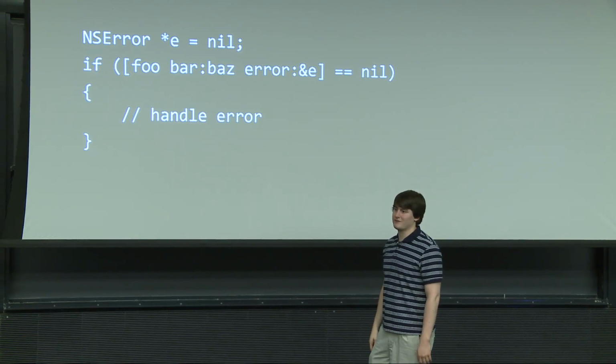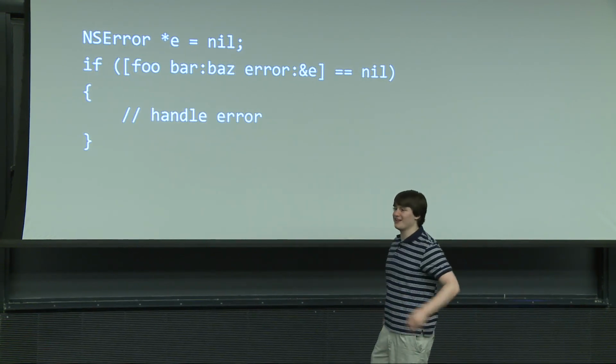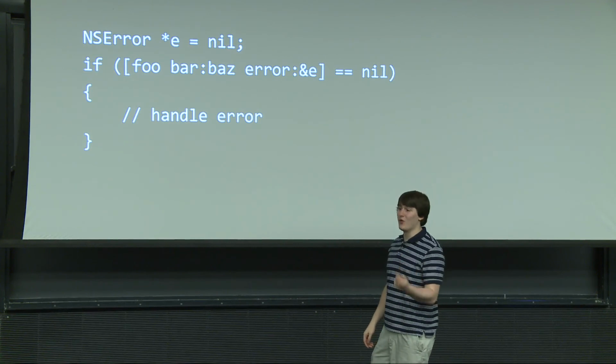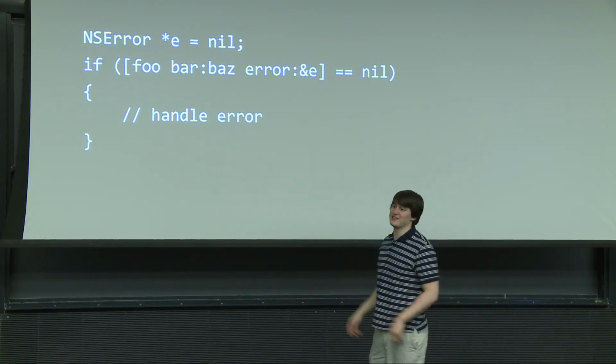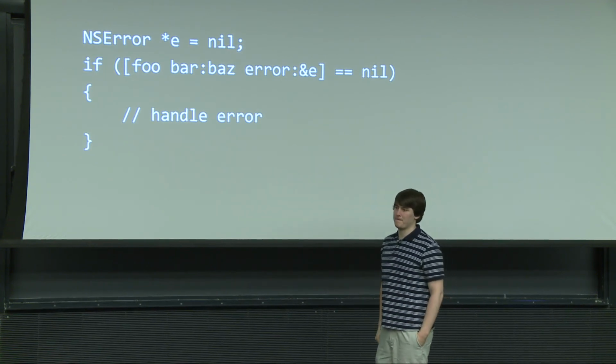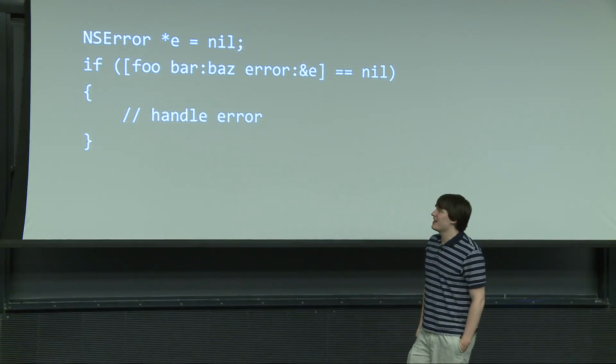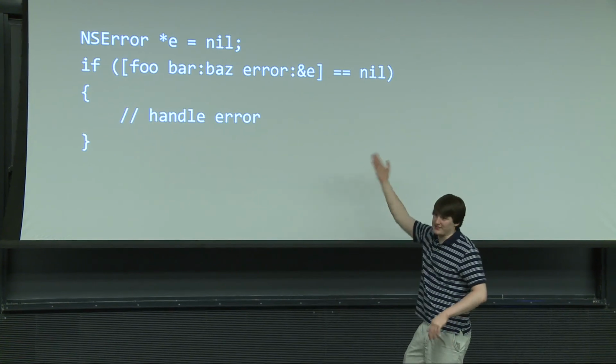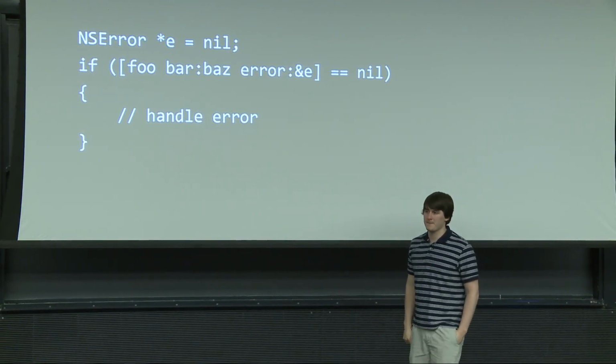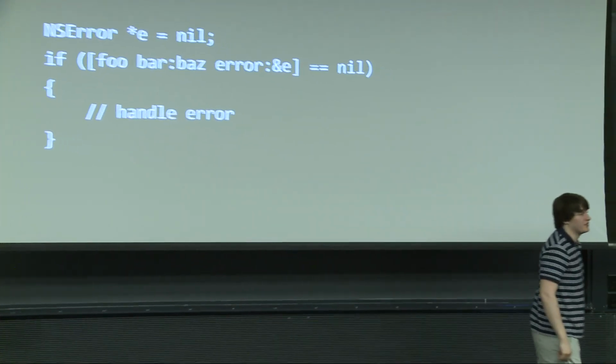But in this example, we say nil is returned on error, and what that error was is inside of E. It's not like a try-catch in Java. Instead of just failing, we put it inside of E. But other things do use the try-catch syntax. Some things don't have this.